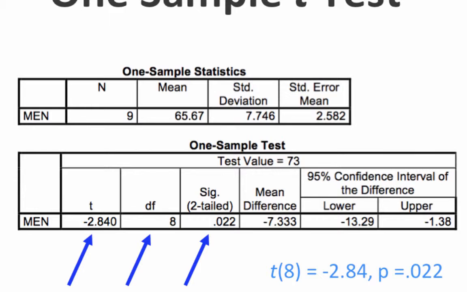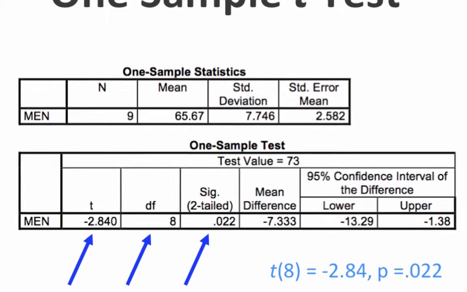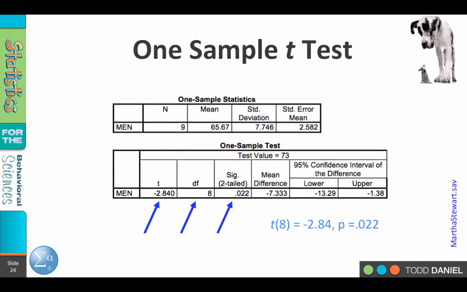We did a two-tailed test. The significance value is .022. So when we do our write-up, instead of writing p less than 0.05, we're actually going to write the value .022. So you see below the one sample test box, t with 8 degrees of freedom equals negative 2.84, comma, p equals 0.022.